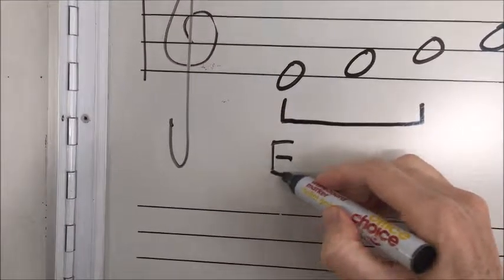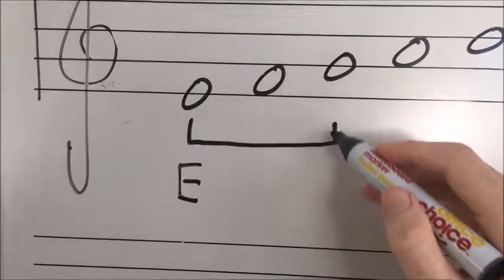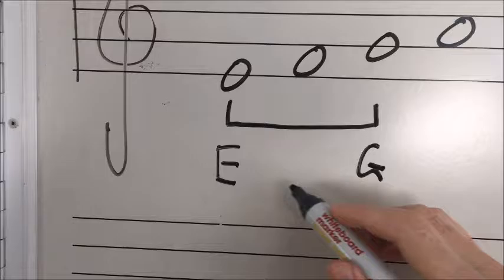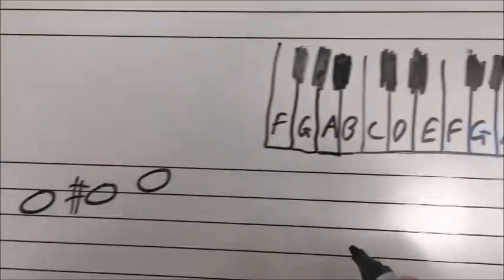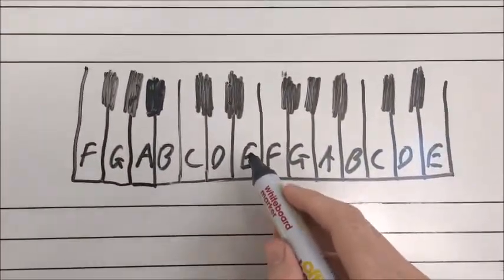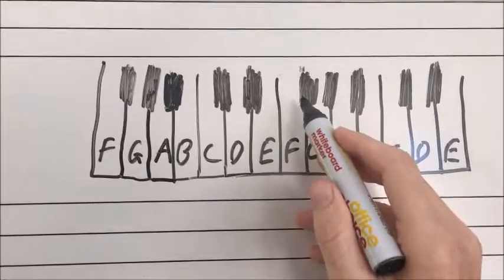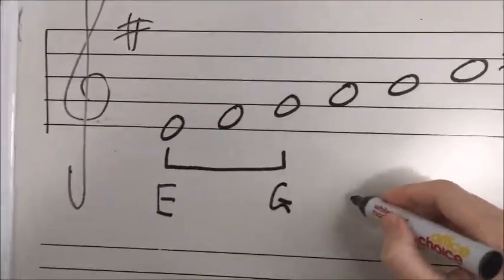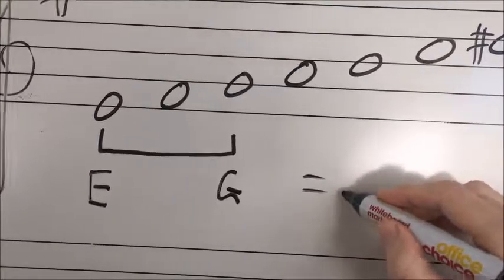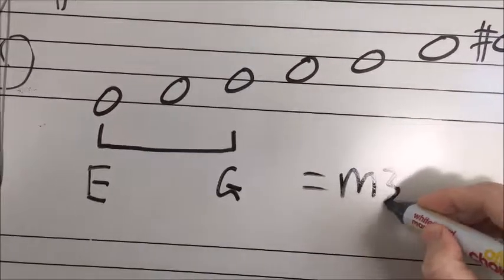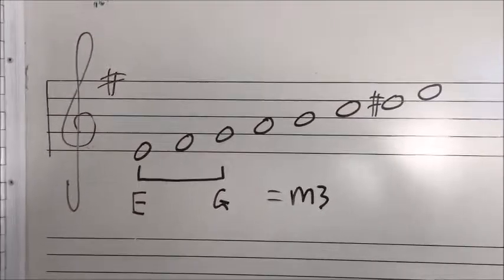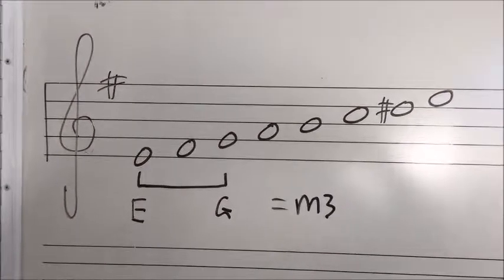So we can write our bottom note E, and then the third is a G. An E to a G, we can count semitones by using our piano. 1, 2, 3. Because it's 3 semitones, that is also a minor third. So this is some type of a minor scale.